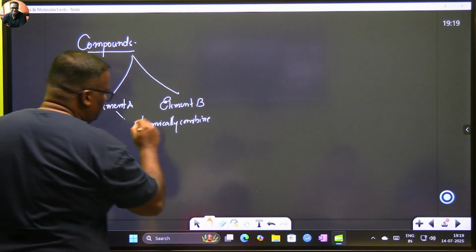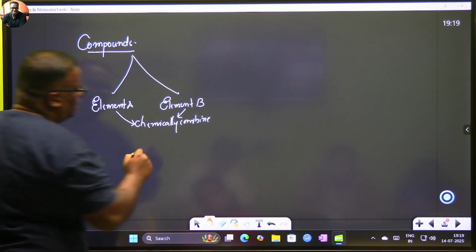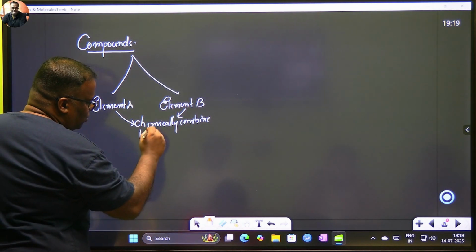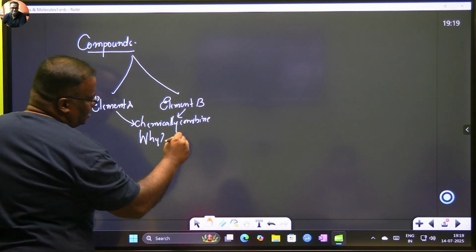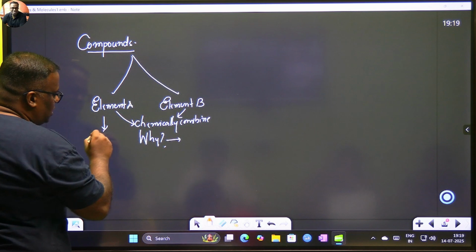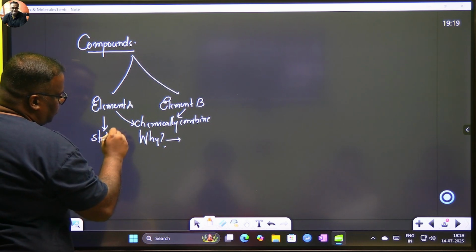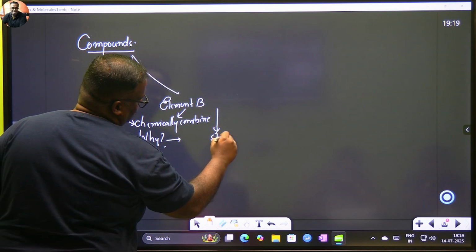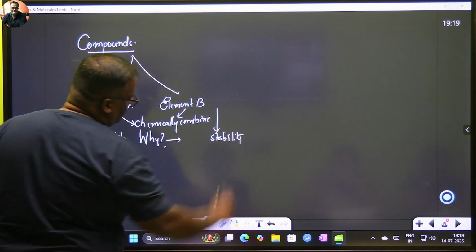Now, when you are seeing this formation of chemical combine, what is happening? Why do they combine? When you ask the question why, then we have answered it. That is because A also wants stability and B also wants stability. So this is very subjective. So what is the definition of stability?